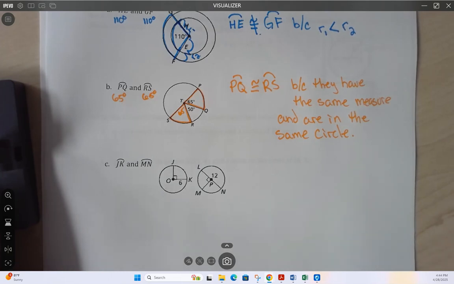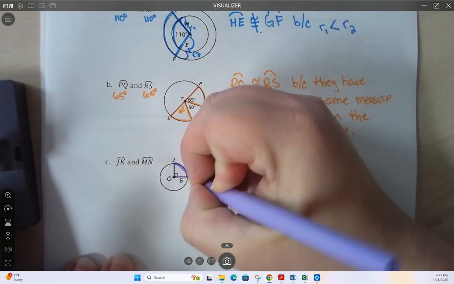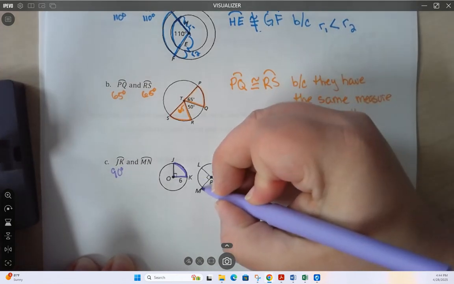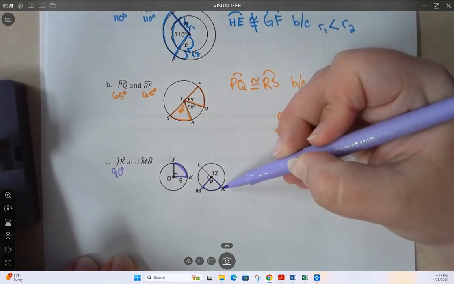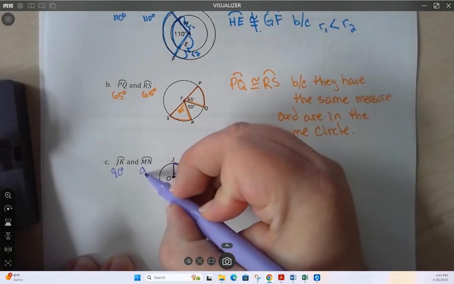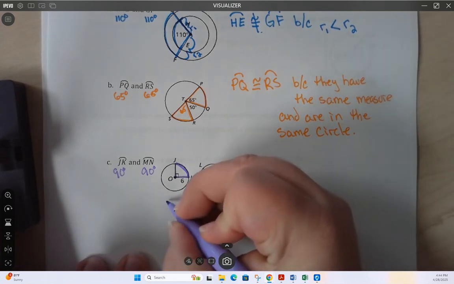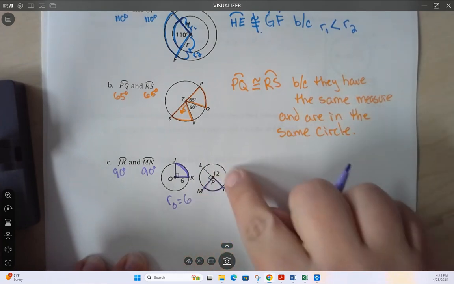And then our last one here, JK is 90. MN is also 90 because LN is a straight line. We see that this side was 90, so this side is also 90. So they have the same measure. Now we have to look at the radii. So come down here, the radius of O is given as 6.